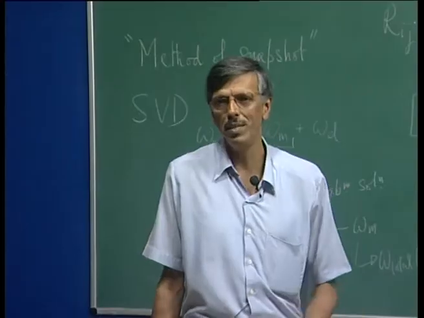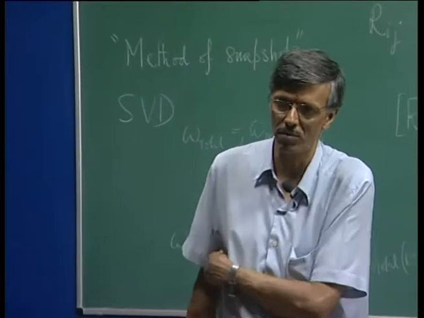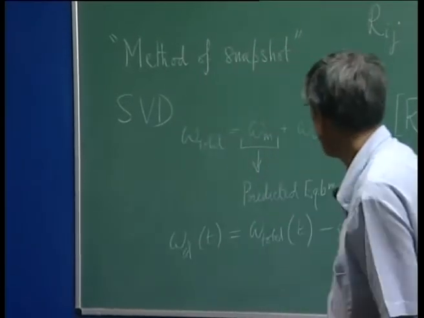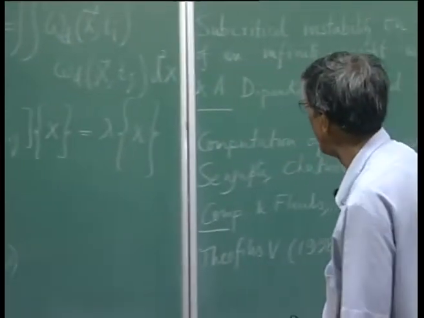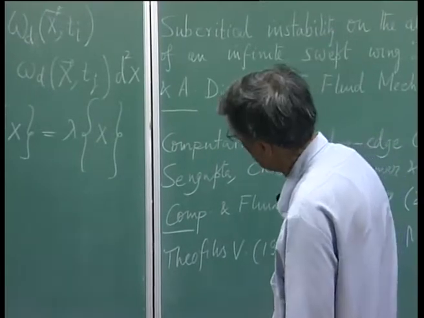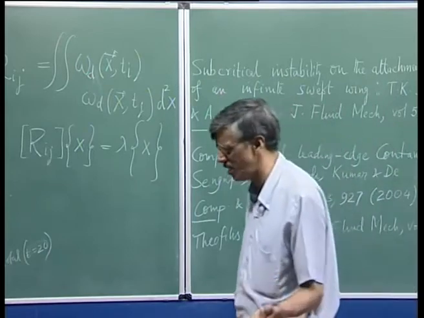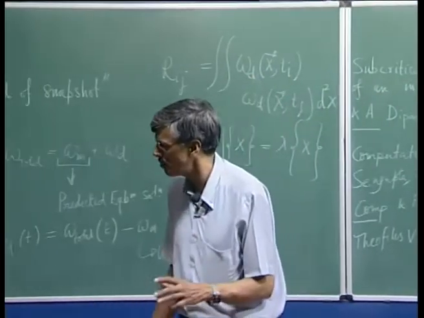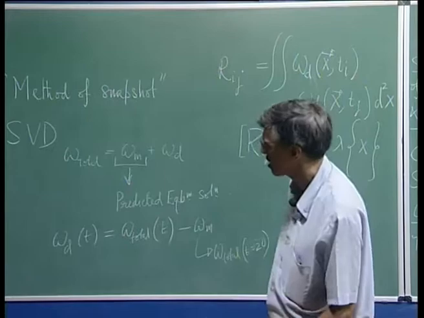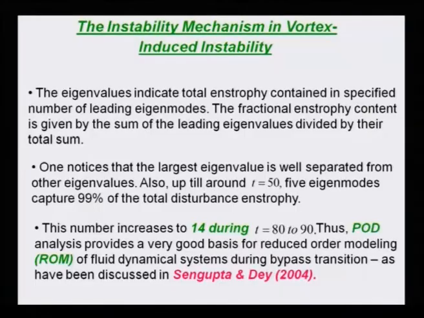So we may be talking about the evolution equation of POD amplitude. Basically, I think we'll come back to more detail of POD later, but let's just keep our discussion today in a qualitative plane.